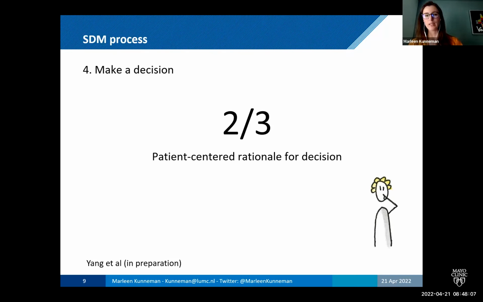So let's reframe. That means that in 1/3 of the encounters, there is no patient-centered rationale, and the final decision is at least voiced to be made based on evidence or the experience of the clinician.